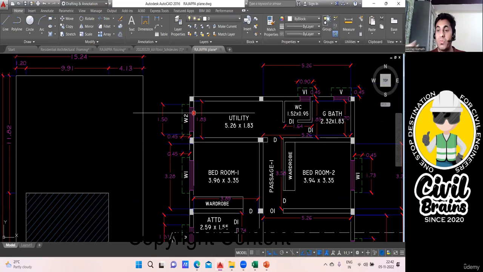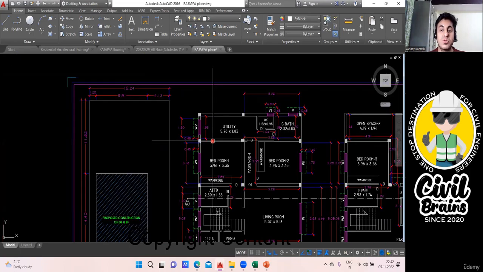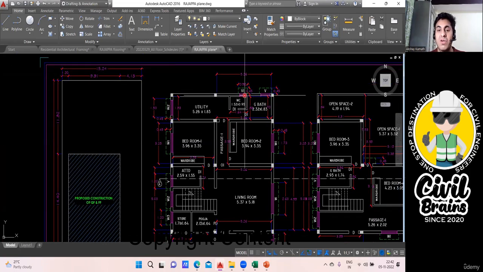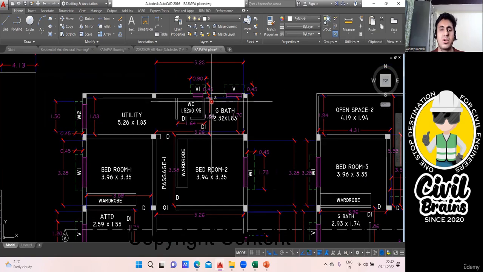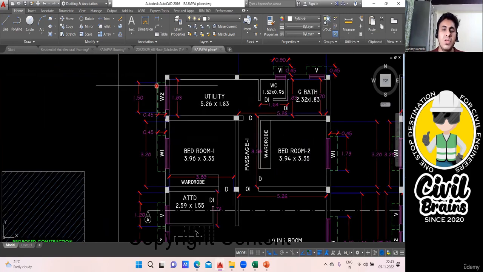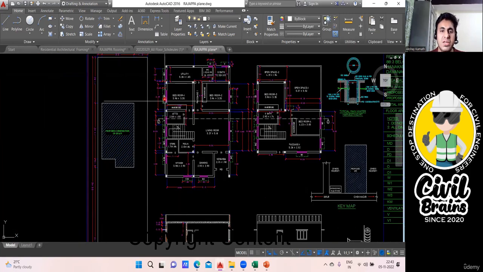One thing you remember, the sill concrete we put wherever a window comes. If a window is not there, you don't have to put it. That comes to a conclusion: all my external walls have a window or ventilator. Even for a ventilator we will not put sill concrete, since it's a very small portion, but anyhow we'll consider that also. Wherever my external wall is there, only there the window is coming.